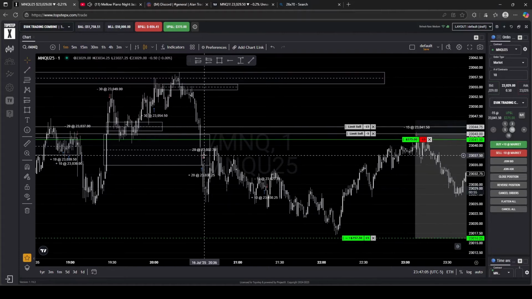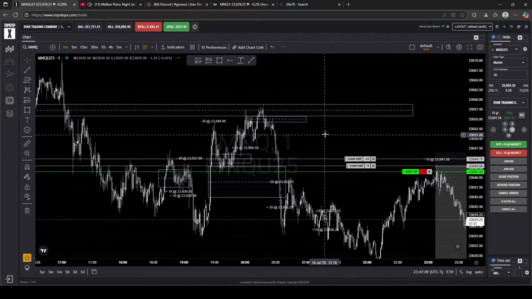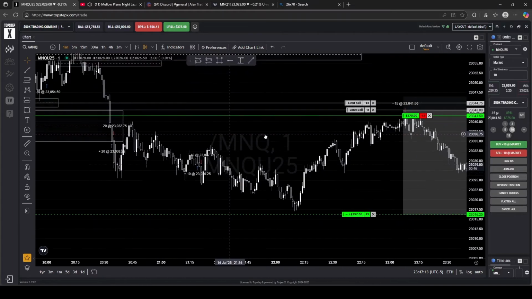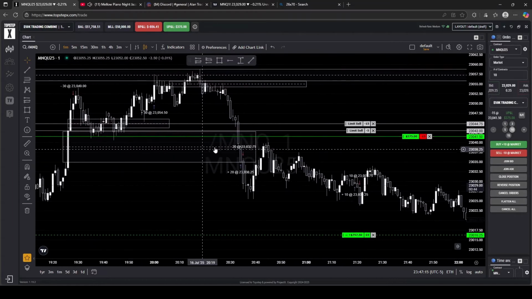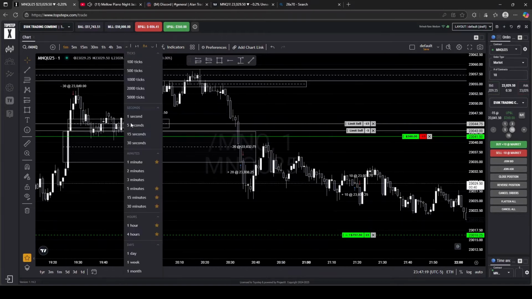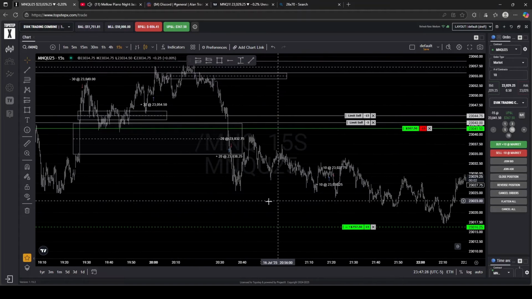All right, dumped, and then go back up and sweep that. For some reason, I don't know why I thought that market was just gonna go up as soon as I buy. I bought once it was falling down, so I tried to catch the falling knife, and I got stabbed.